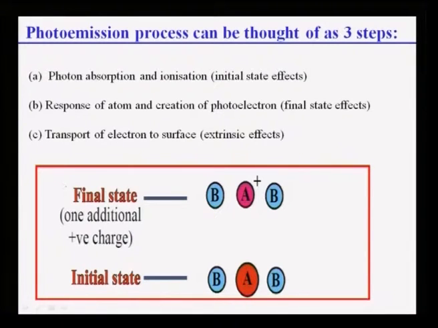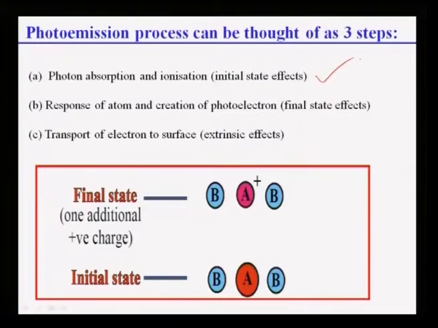So this can be thought of in a slightly different way. Photoemission can be thought of as consisting of 3 steps. First is photon absorption, that means an X-ray photon comes and gets absorbed, then this leads to ionization, when the electron gets ejected. This is called initial state effects. Second is the response of the atoms in the creation of the photoelectron.